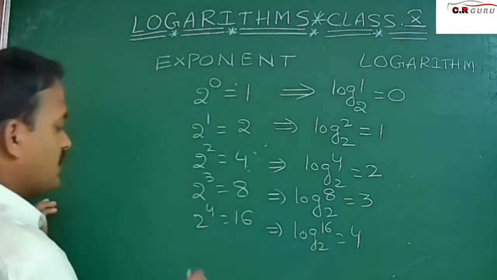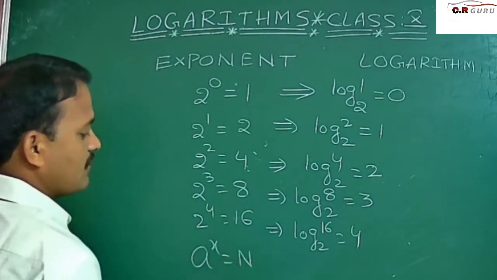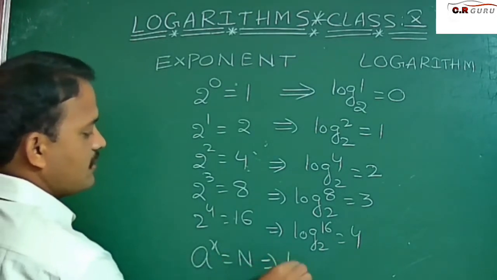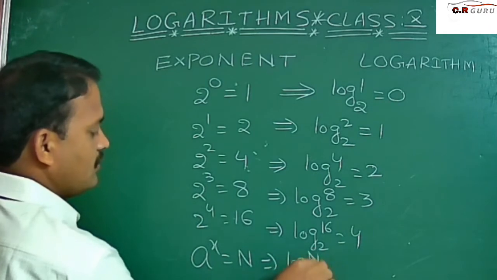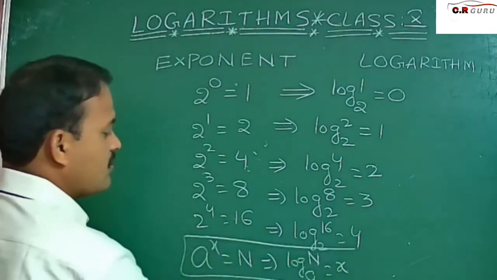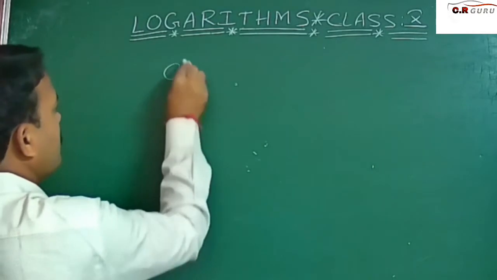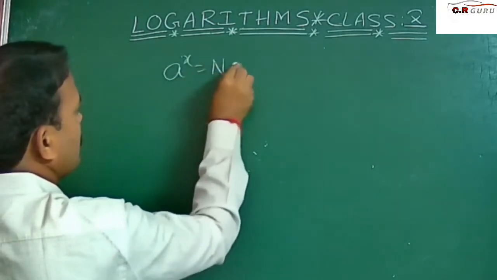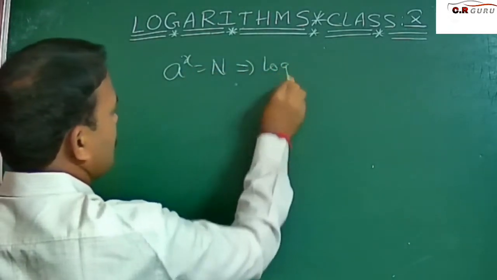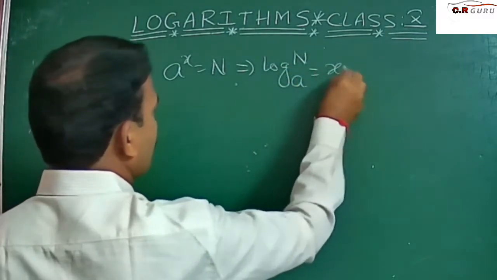Suppose a to the power of x is equal to n, that implies log n base a is equal to x. Based on this, I want to explain the definition of logarithm. Now a to the power of x is equal to n, that implies this can be written as log n base a is equal to x.